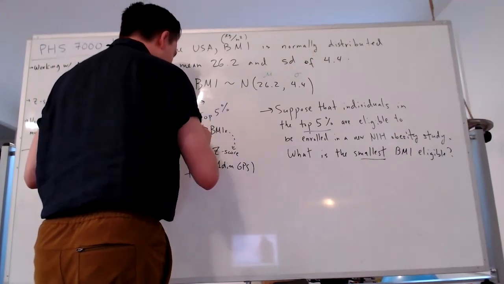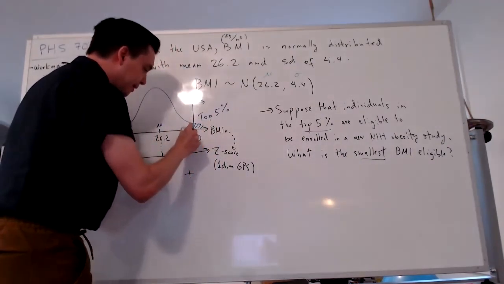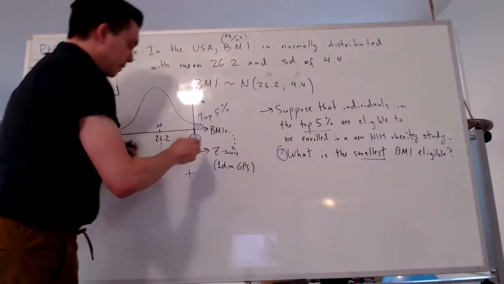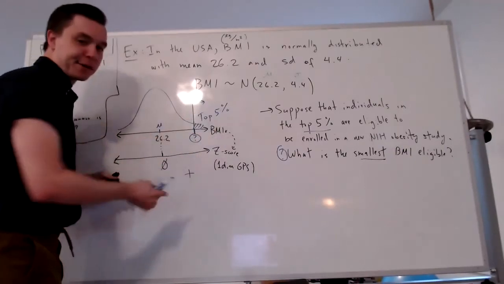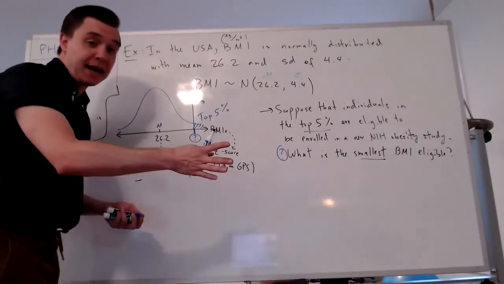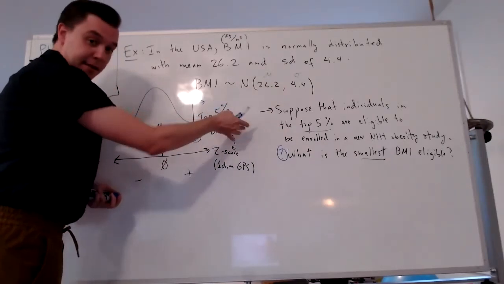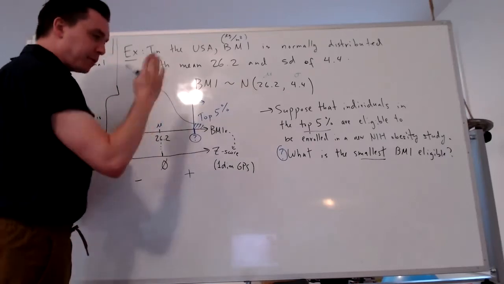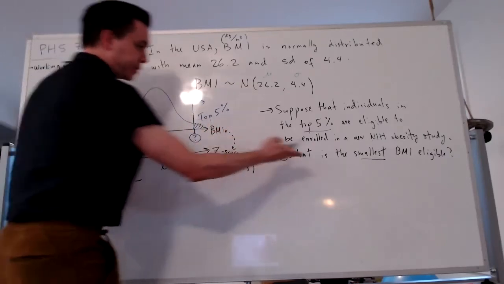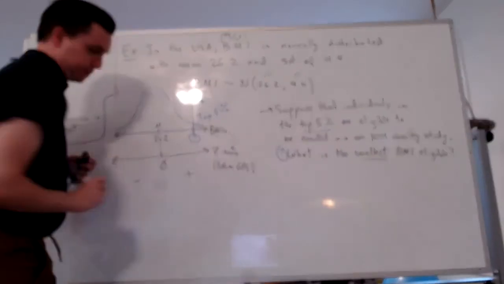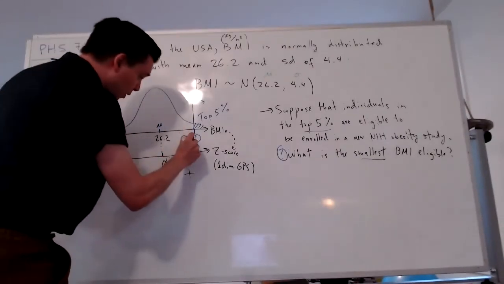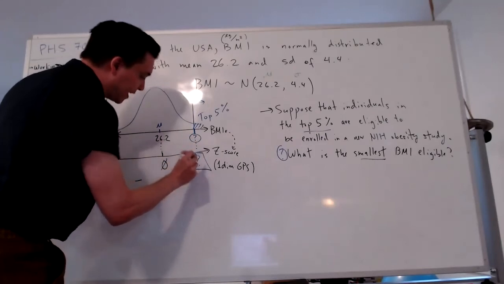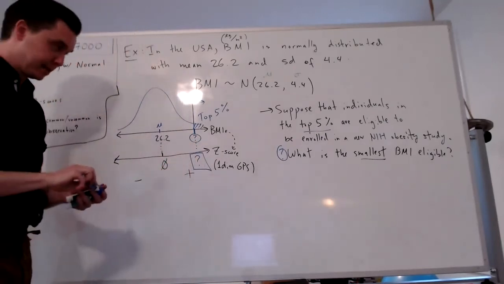So we're looking for this threshold here. You can see that, you know, a crazy BMI of like 55 is in the top 5%. We know a crazy BMI of 65 is in the top 5%. But we're trying to find this threshold or the smallest BMI that is still eligible. So this is equivalent to asking ourselves, well, what is a Z-score?